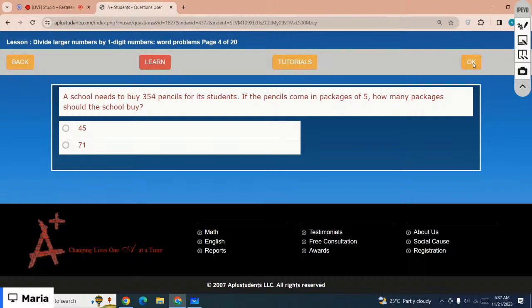A school needs to buy 354 pencils for its students. If the pencils come in packages of 5, how many packages should the school buy?